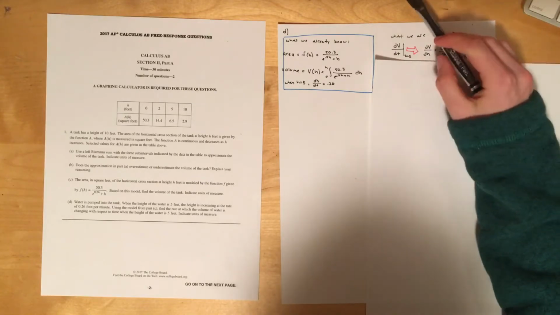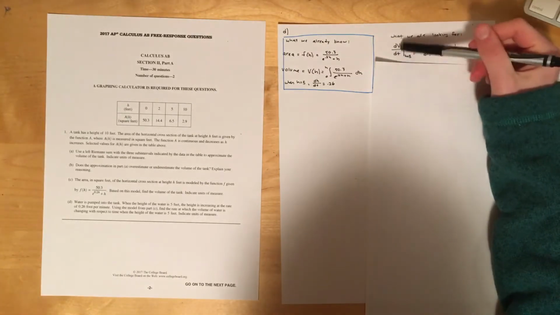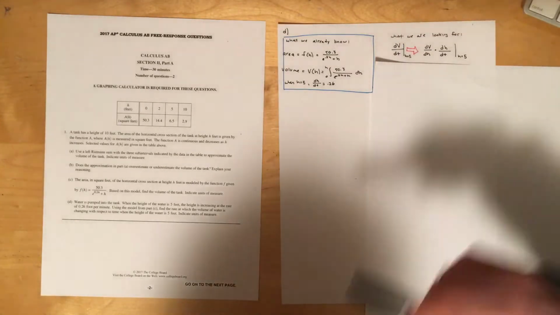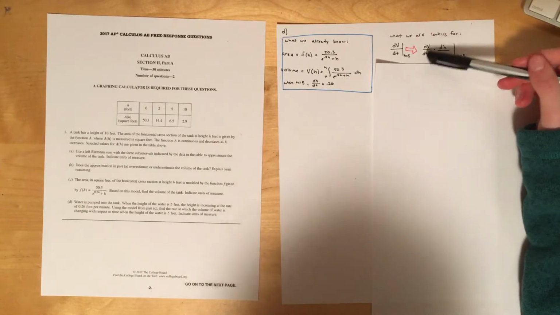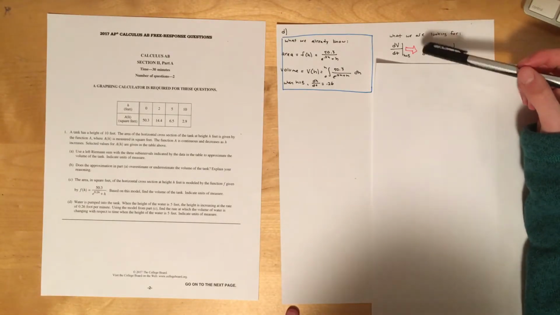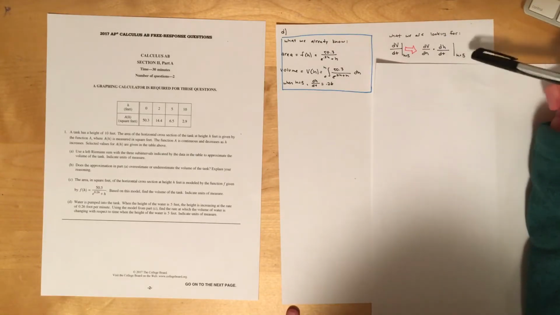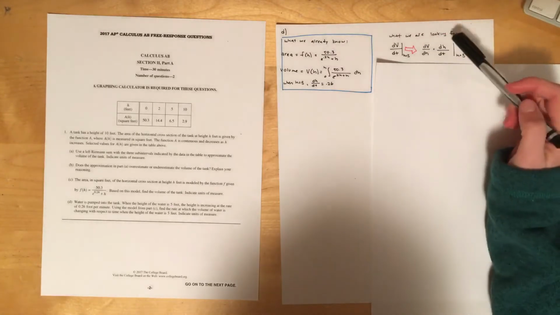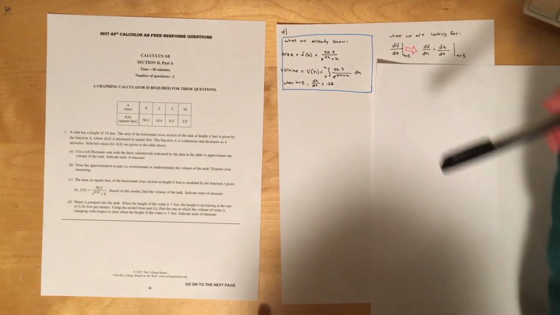So I had a lot of trouble figuring out how to calculate dV/dt, but then I realized I could break it up into two things: dV/dh, which is the change in volume with respect to the change in height, times the change in height over the change in time, dh/dt, when h equals 5. And using the prior knowledge that we already know, we can find out what these things are.